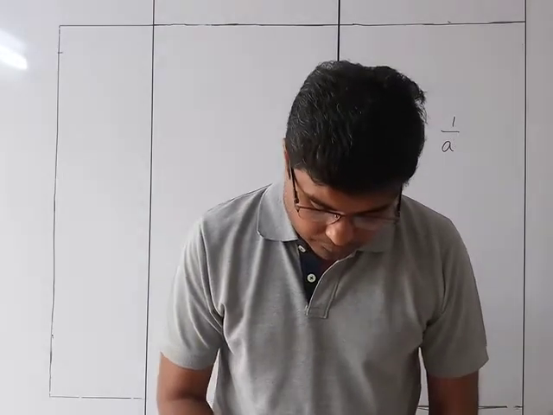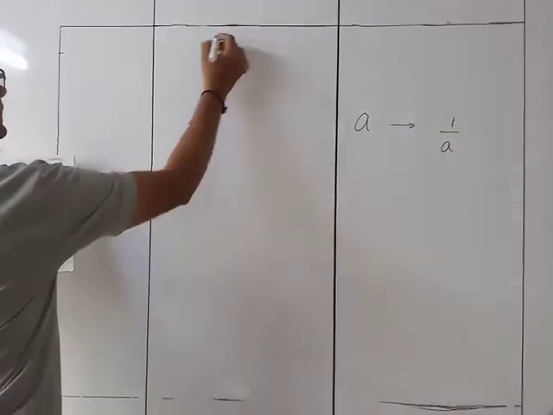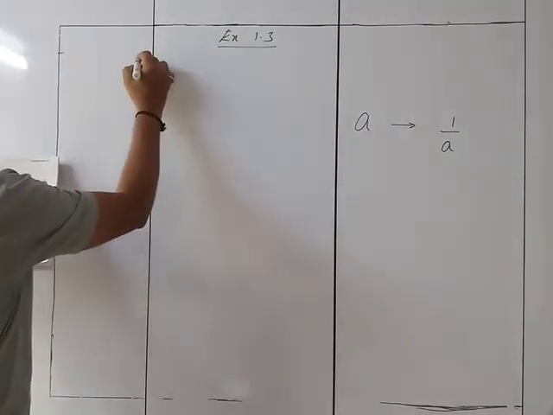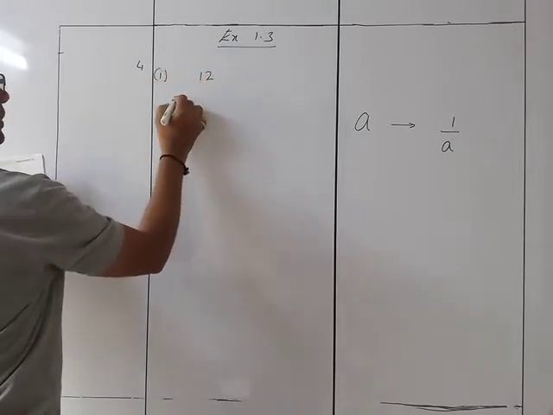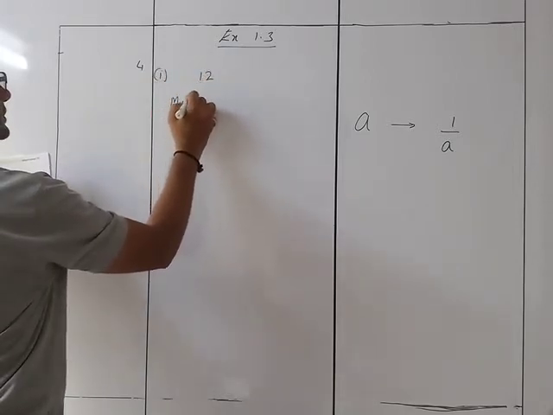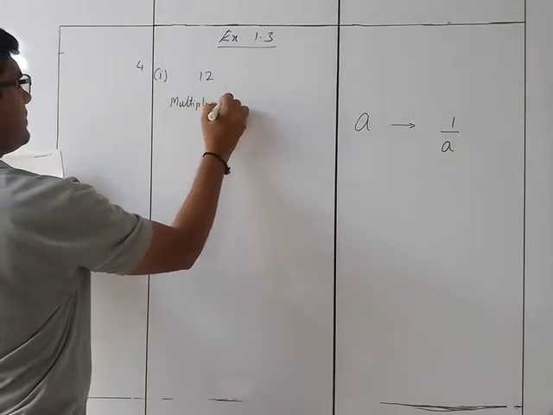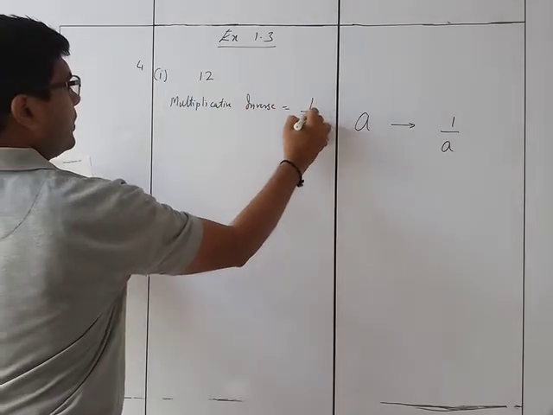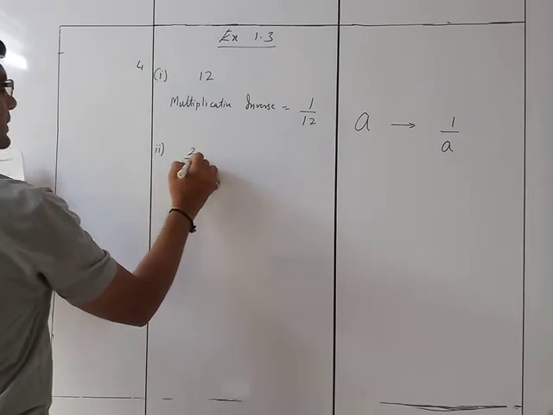Right, so first thing is exercise 1.3, the fourth one, first part, 12. So the multiplicative inverse is equal to 1 upon 12. Second, it's 2 upon 3.